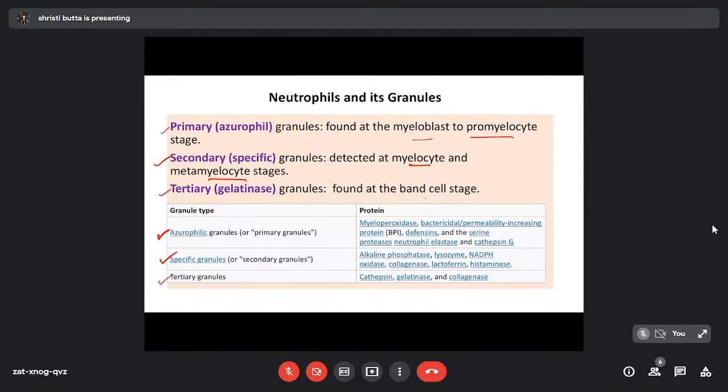Tertiary granules, which are present in the band cell stage, have proteins like cathepsin, gelatinase, and collagenases.